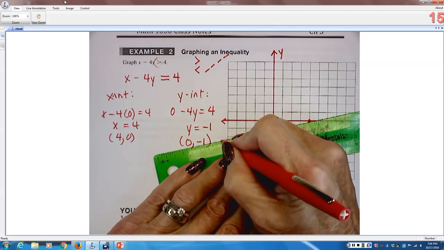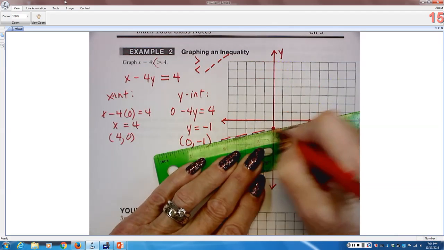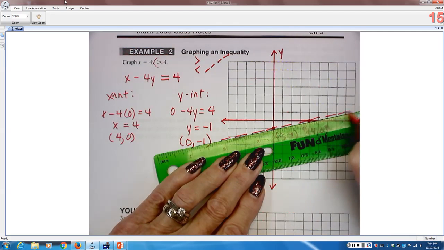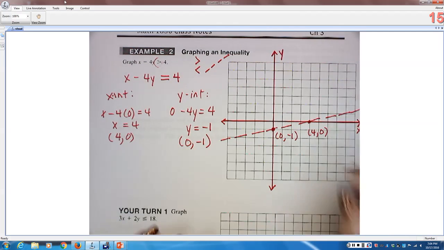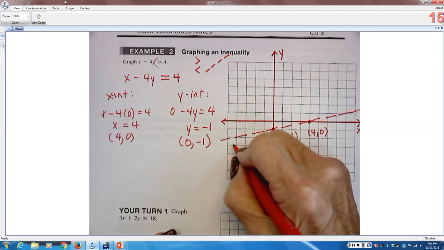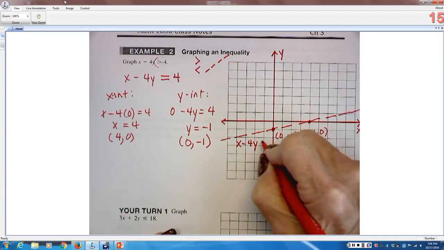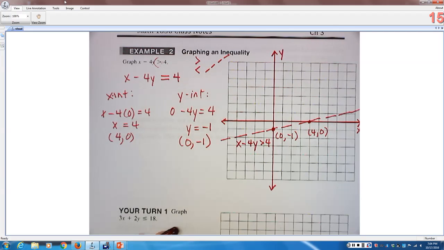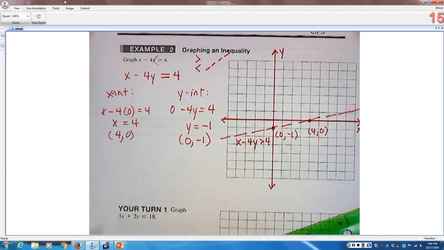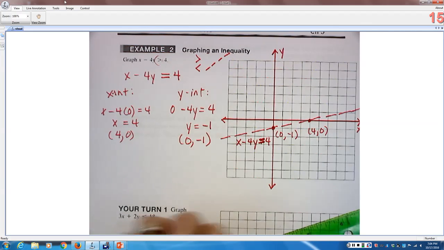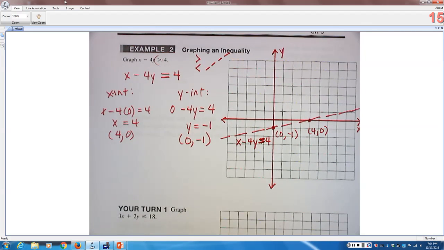It's just a boundary. I'm sorry, that's supposed to say equals because that's just our boundary line. Okay?